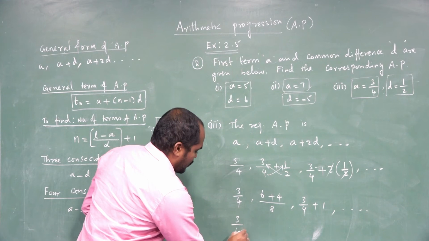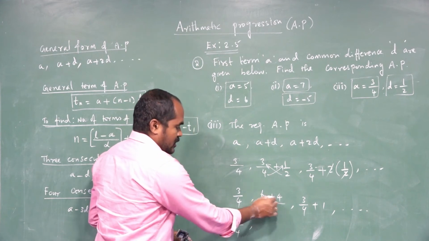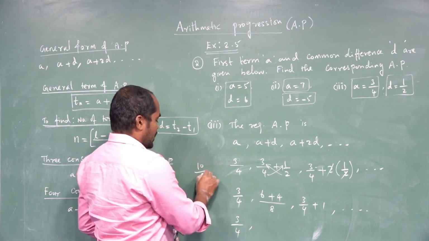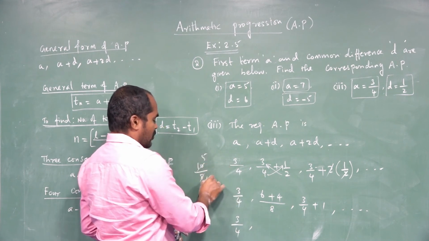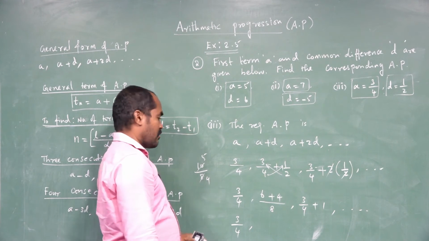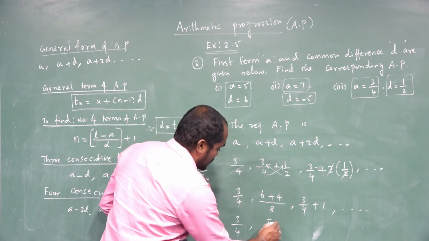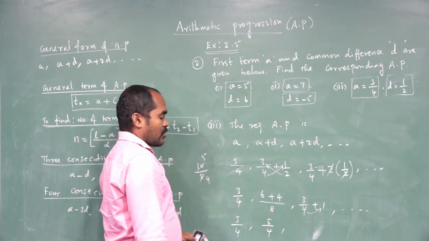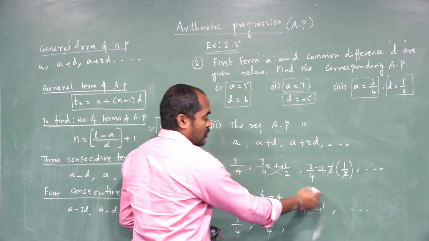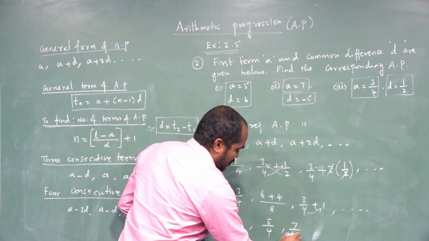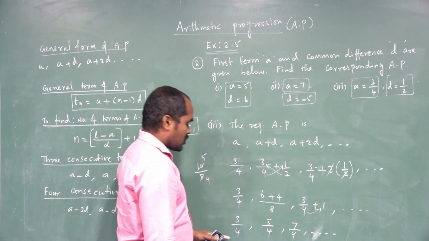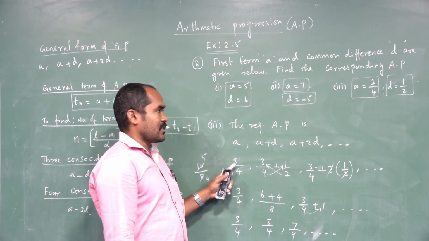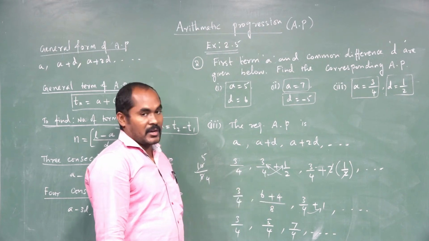So this is 3 by 4, 6 plus 4 is 10. 10 by 8. 10 by 8 is what? 5 by 4. So the second term is 5 by 4, comma, 3 by 4 plus 1. 4 into 1 is 4. 4 plus 3, 7. 7 by 4, comma, etc. So this is the required arithmetic progression when A is 3 by 4 and D is 1 by 2.